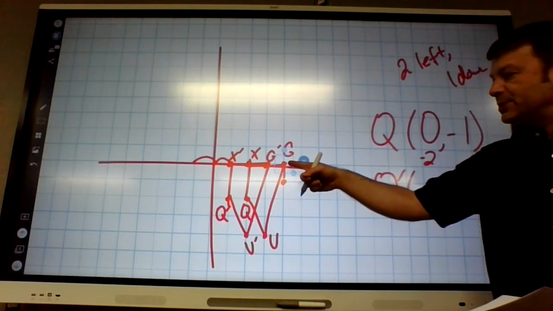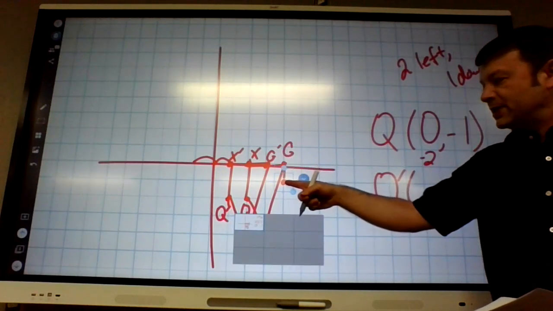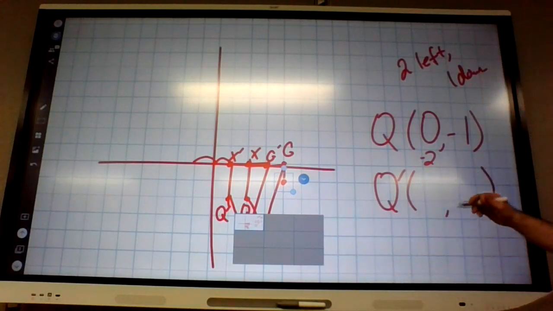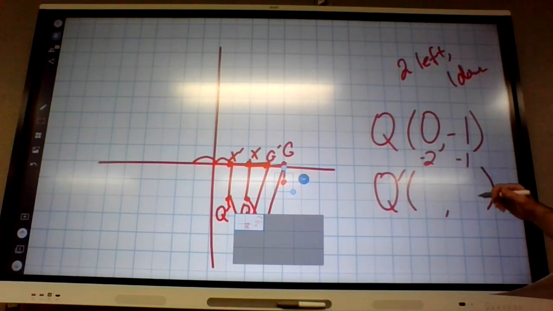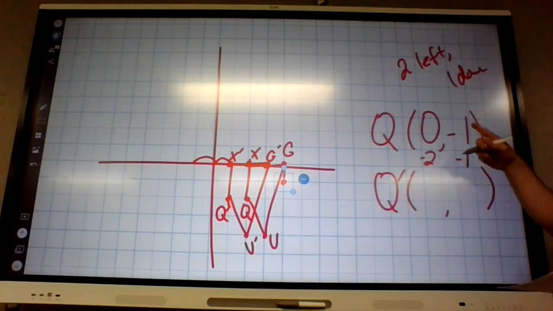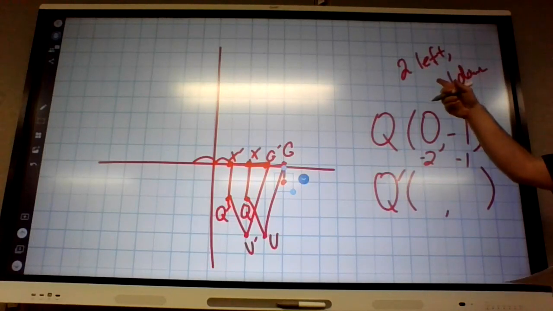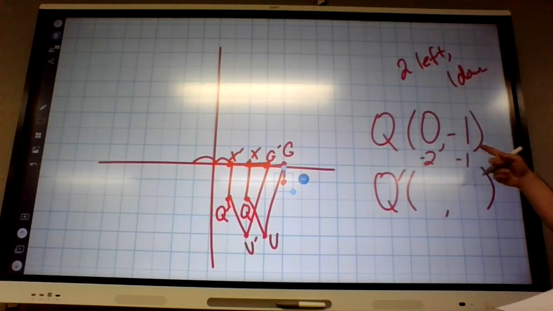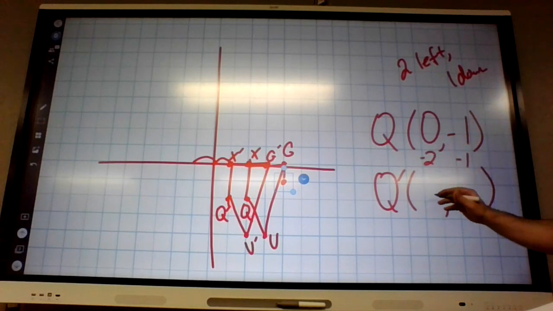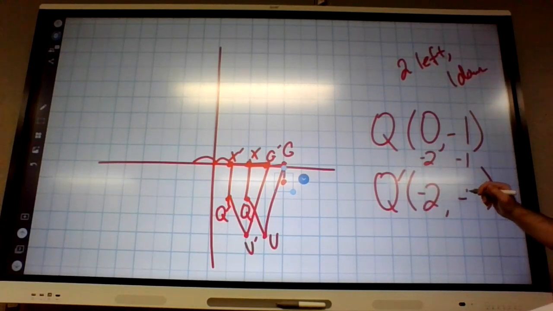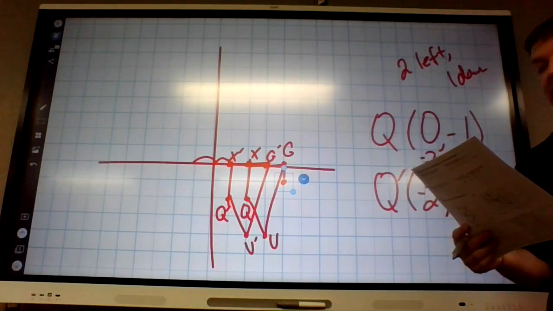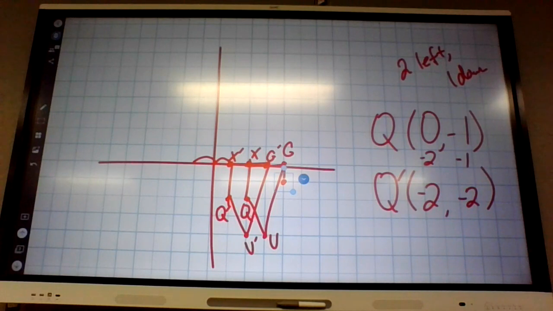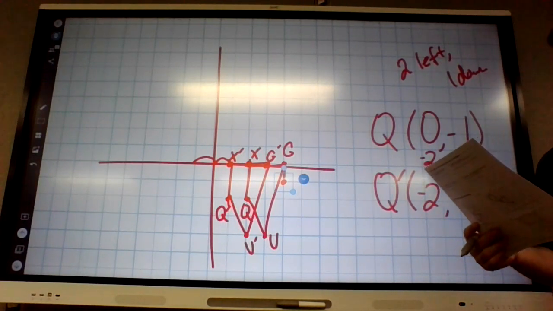Like if the y value was 0, it'll become -1. If the y value is -1, it'll become -2. So to the left makes the x value go down 2, 1 down makes the y value go down 1. So you just have to subtract on number 7, all 4 of those points. You need to do -2 for the x value, -1 for the y value.